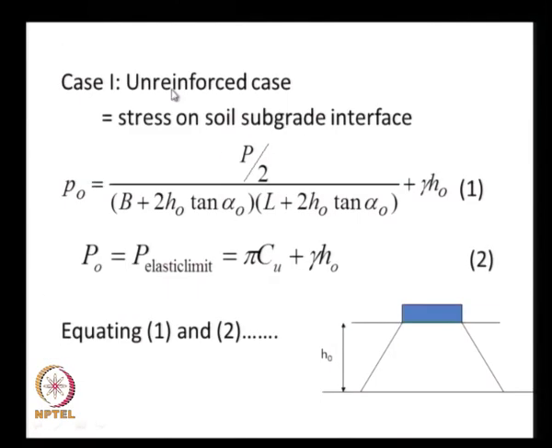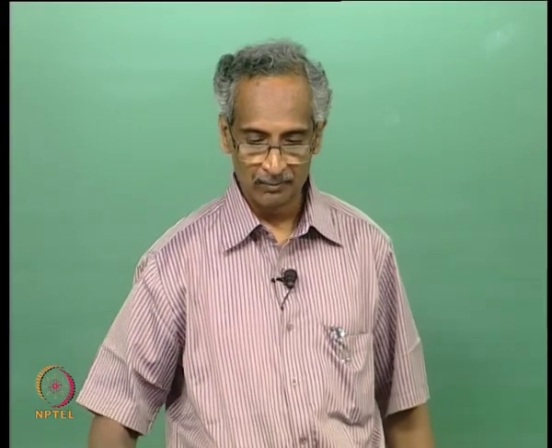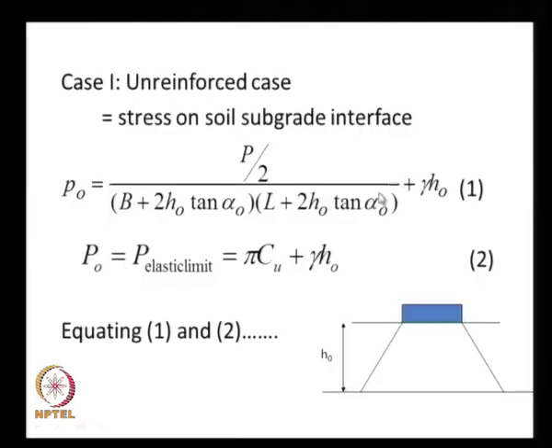Case 1 is the unreinforced case, and the stress on the subgrade soil because of the load dispersion is P by 2, that is the load transferred into each wheel, divided by B plus 2 h naught tan alpha times L plus 2 h naught tan alpha, where h naught is the thickness of the pavement, 2 because the load is dispersed in 2 directions, plus gamma h naught, where gamma h naught is the overburden pressure.